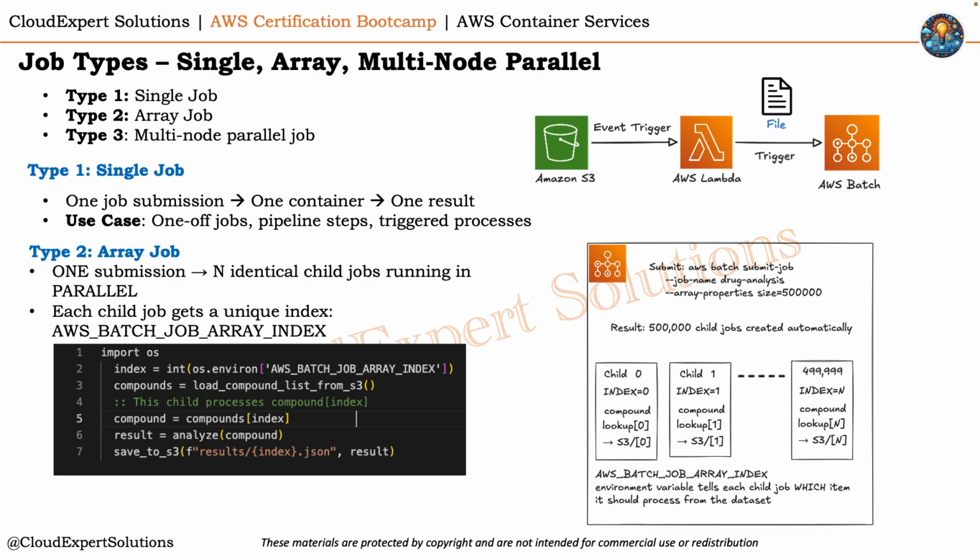Each child job reads its index, processes its specific compound and saves the result back to Amazon S3. The pattern works for any scenario where you need to process n items independently in parallel, maybe files, records, simulations or rendering.